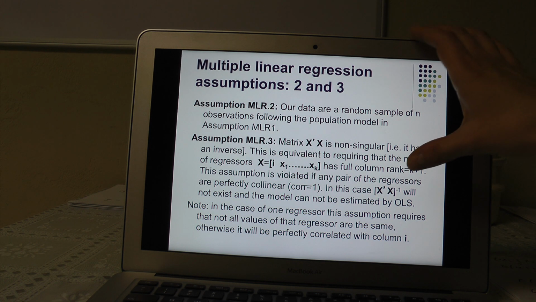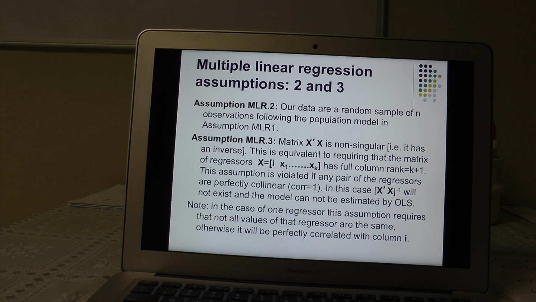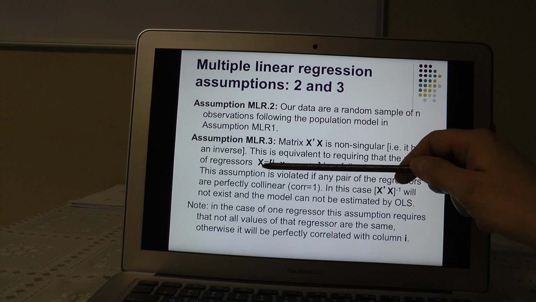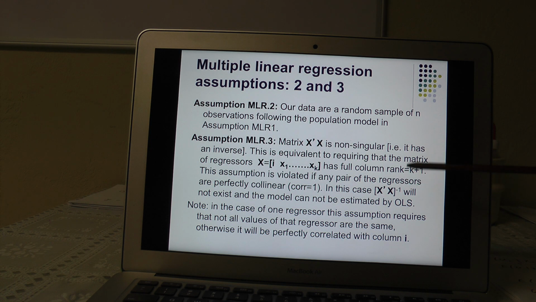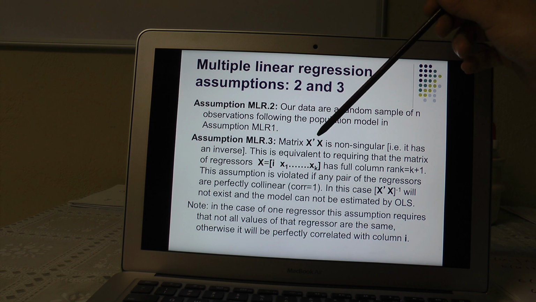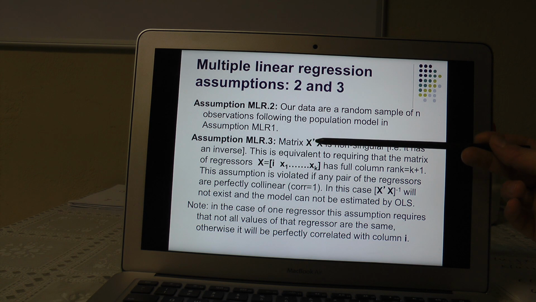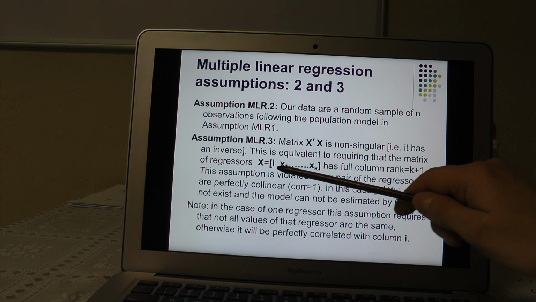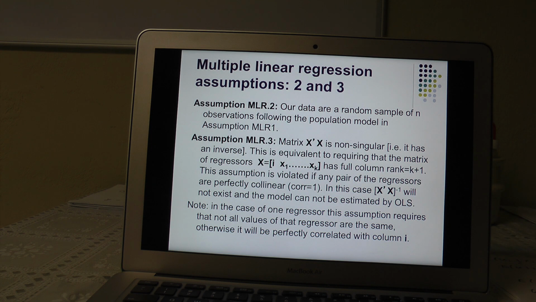Whatever dimension you have, if you have 1 or 2 or k variables in your model, this is your matrix X, and the inverse of X prime X has to exist, which means X has to have full column rank. In simple language, that means there are no columns in X that are a repeat of each other, or no linear relationship between any columns in X. All of these columns have to be linearly independent from each other.